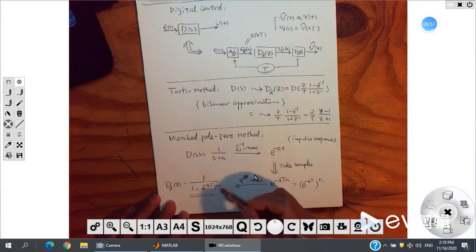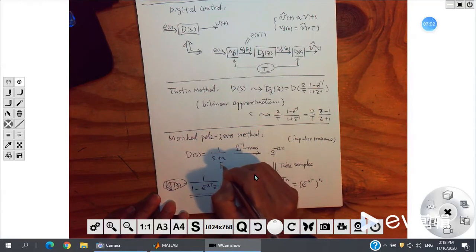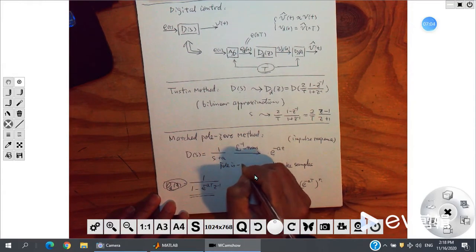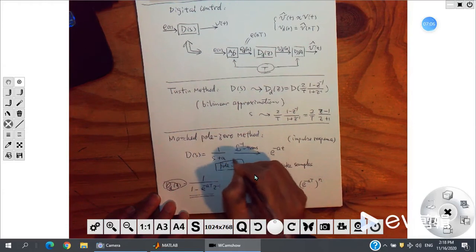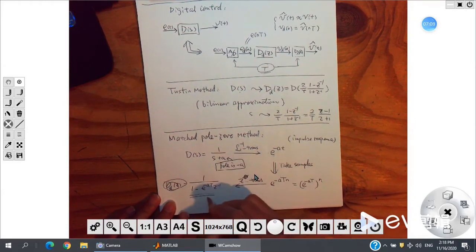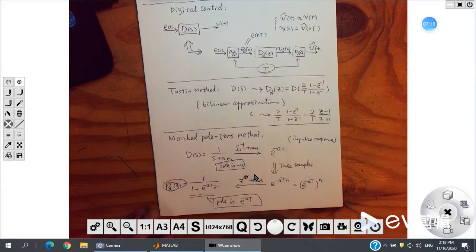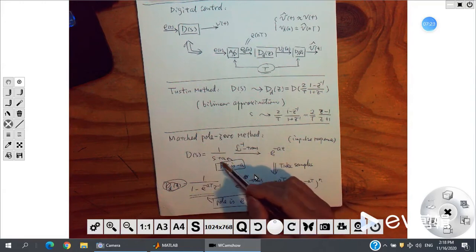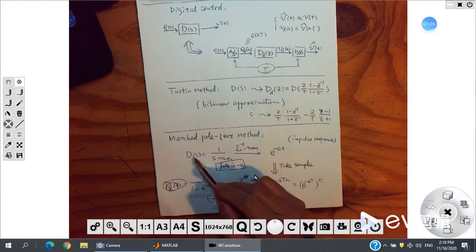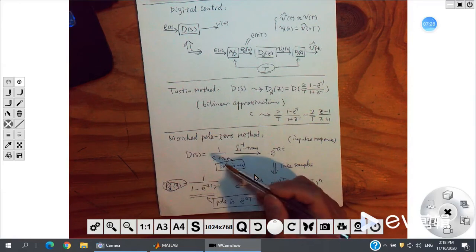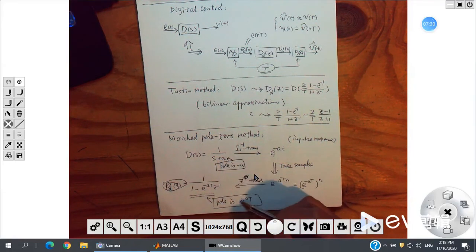For this case, I just write it in this way. So this pole is negative a. This pole is negative a, and this one, the pole is e to the negative a T. So we work in this way: every pole or zero of the analog system, we replace with this number.